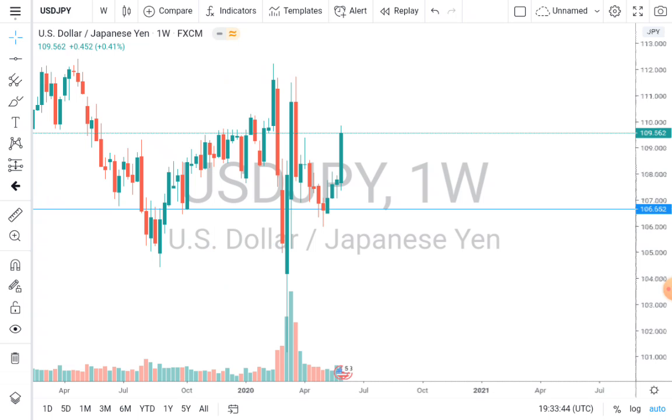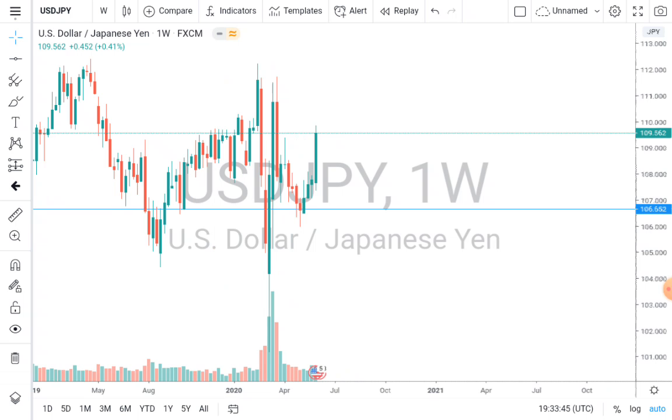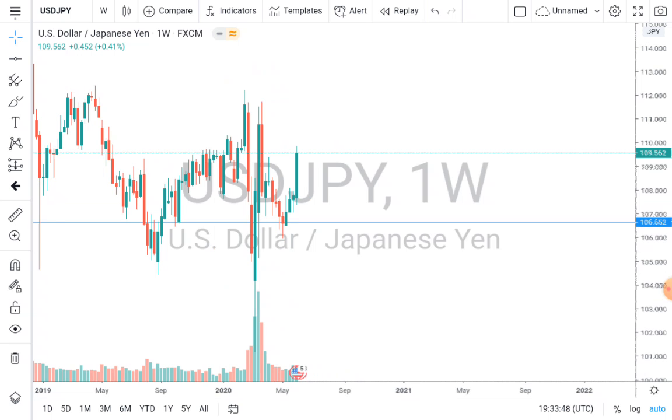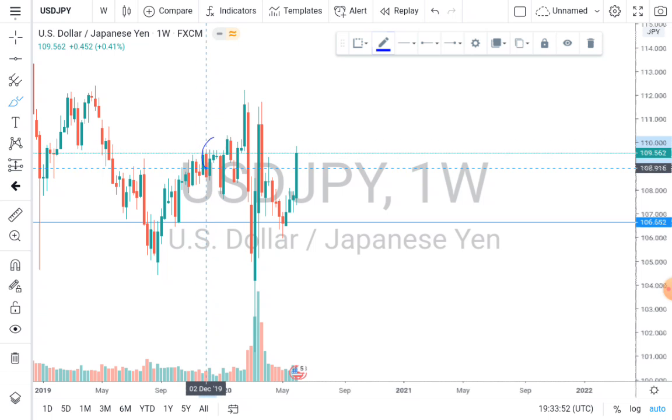With that being said, I can see on this side it was a resistance. By the wicks rejecting that level, you can tell. At 109, yes, it's actually our resistance level, and the price is recently at that level.